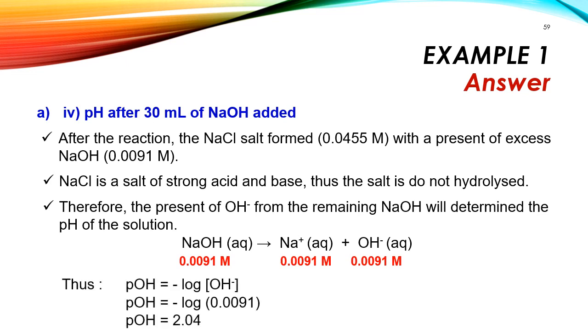By using the formula pOH equals negative log of OH minus concentration, substituting the value will obtain the pOH value of 2.04. To determine the pH, we can use the formula pH equals 14 minus pOH. That will obtain the pH equal to 11.96.